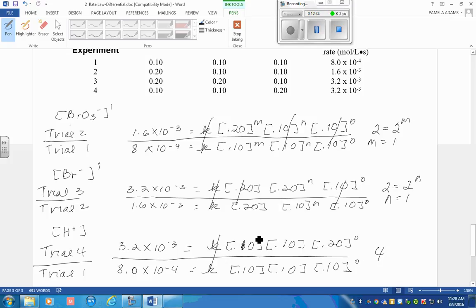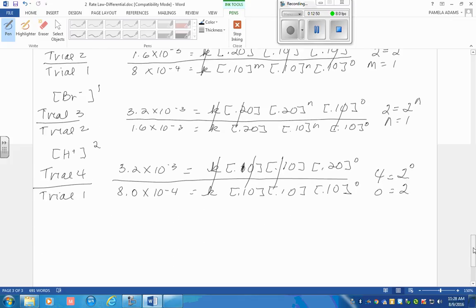Oh, forgot the exponent. In this case, the order for the hydrogen ion is 2. So our rate law is written as rate is equal to the rate law constant times the concentration of the reactants, this one to the first power, this one to the first power, and this one to the second power. Overall, the order is 4.